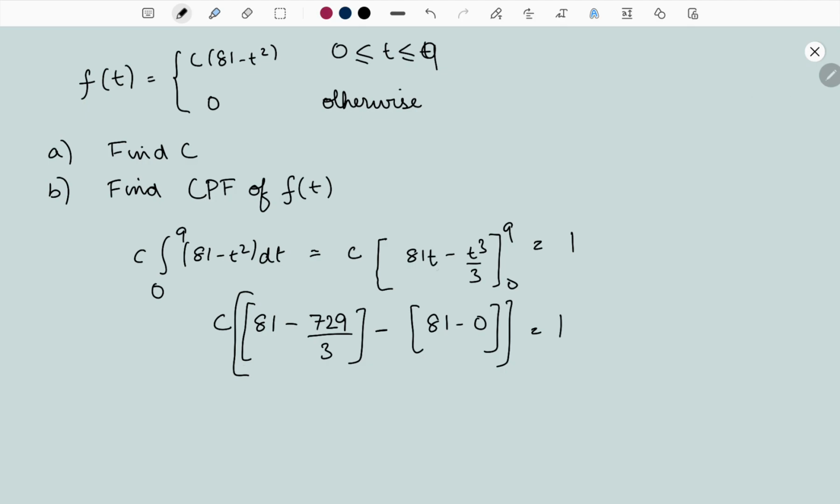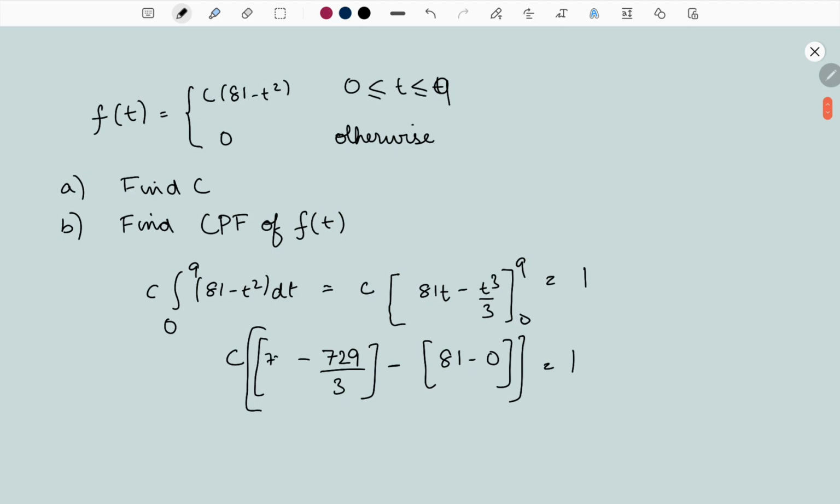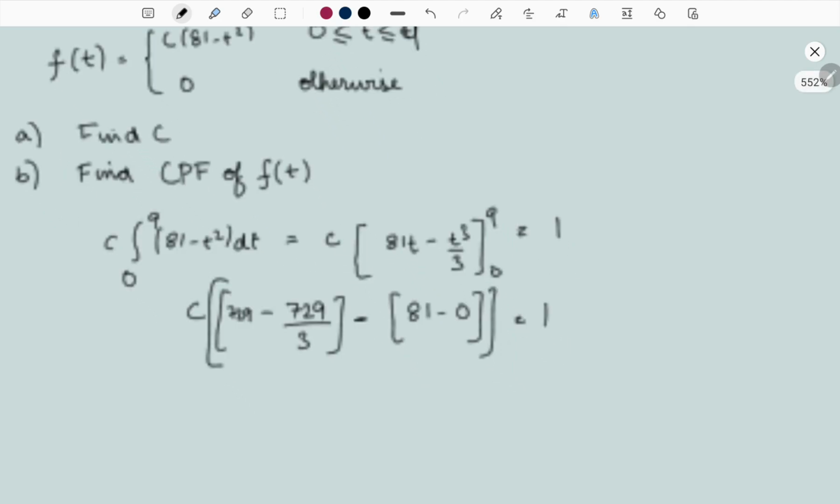Again, there's something wrong. Here it's t, so it would be 729, and here it will be 0, so this whole term will vanish.